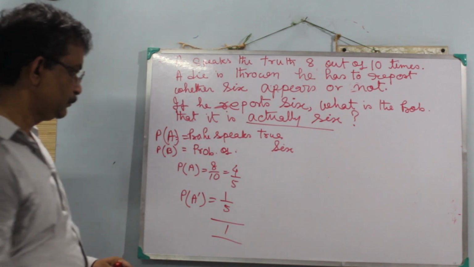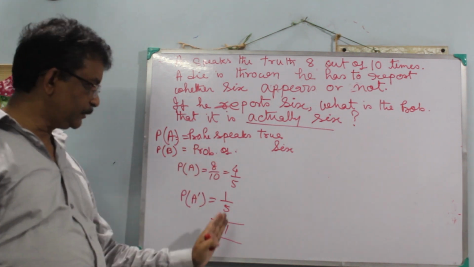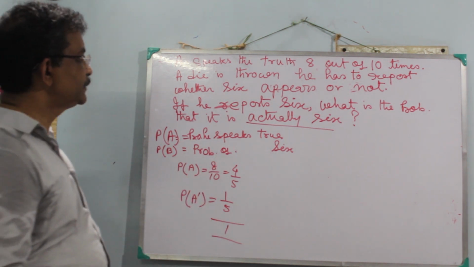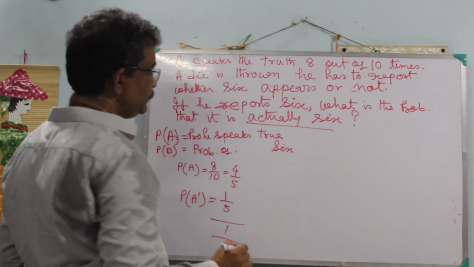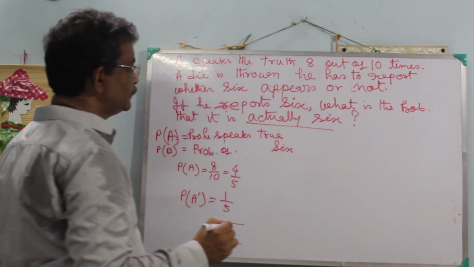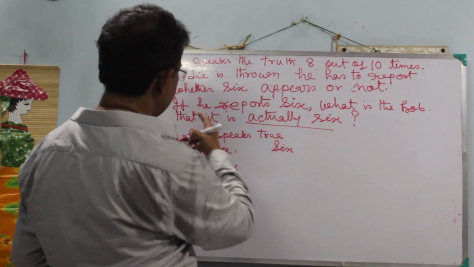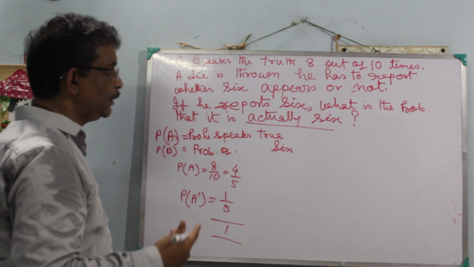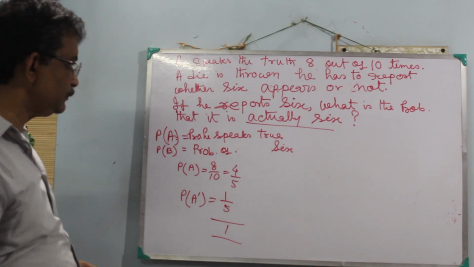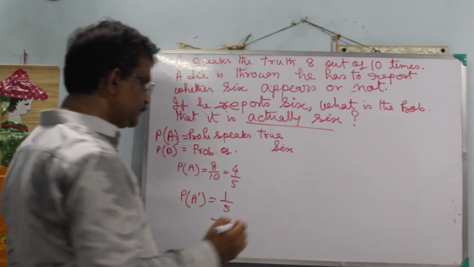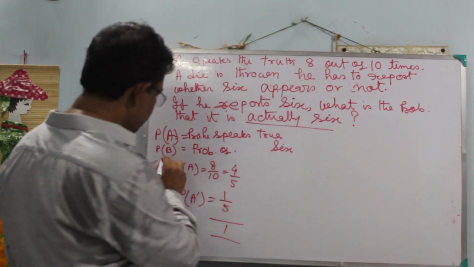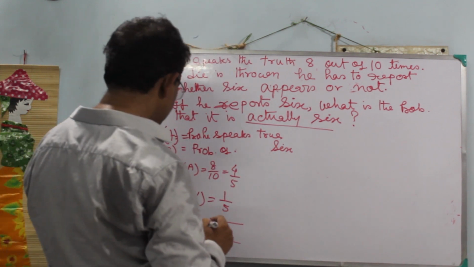So always take left side whose probability is 1. Now it says that a die is thrown and he has to report whether 6 or not. So what is the probability of 6 when a die is thrown?